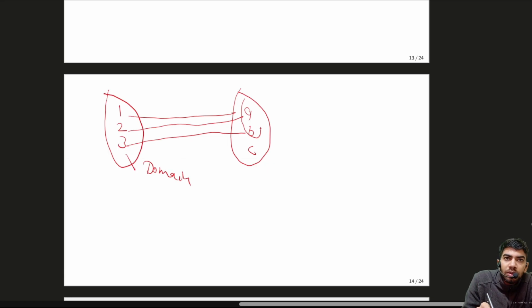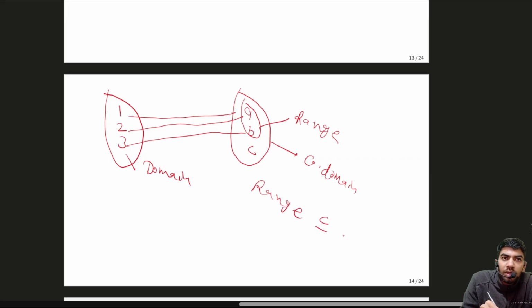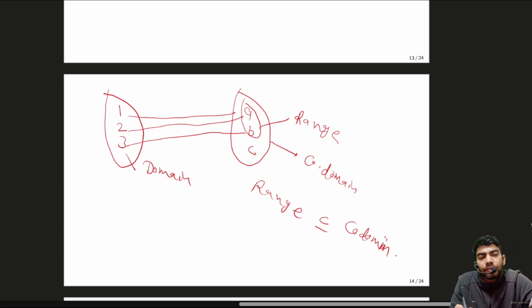This is the range. This is the codomain. Clearly, the range is a subset of the codomain.